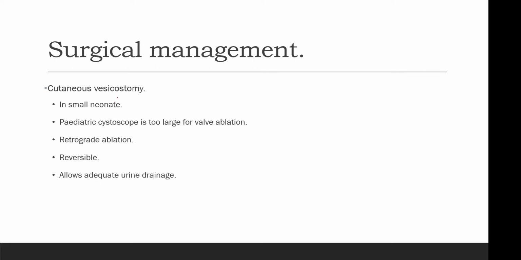So cutaneous vesicostomy. This is more appropriate in a small or premature neonate when the scope size that you have cannot be used in that neonate because of the small caliber of their urethra. So doing a vesicostomy can buy you time to drain the urine while making sure that they grow until you are able to do the ablation of the valves.